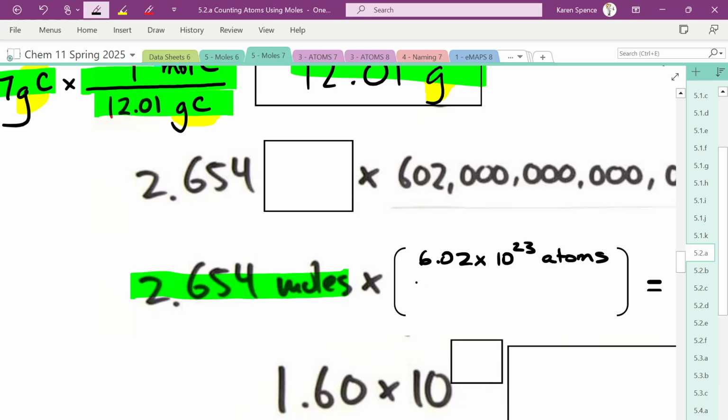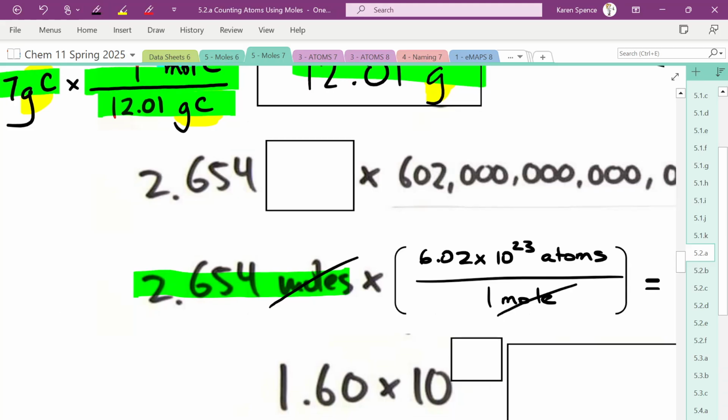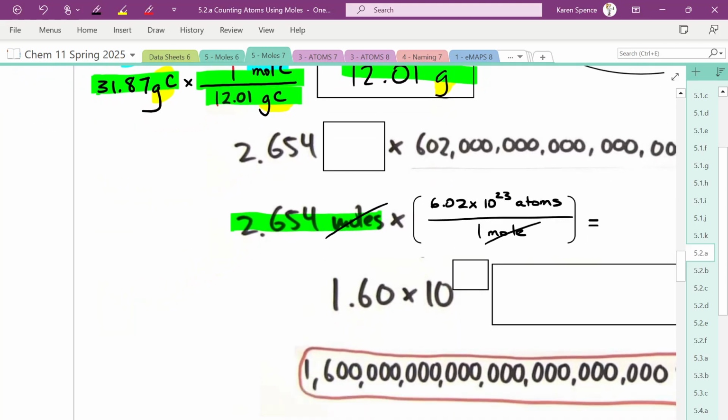Instead of just saying atoms, we could put that over 1 mole, because that's the ratio that Avogadro's number gives us, right? And so then our moles will cancel out and we will be left with atoms. Is that good? Okay. We're going to try a few of the questions that follow this together.